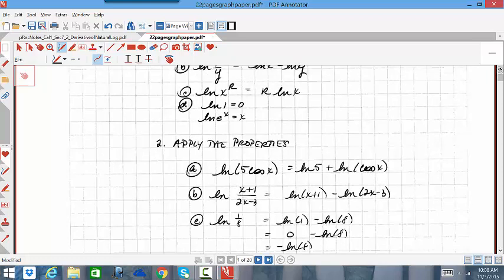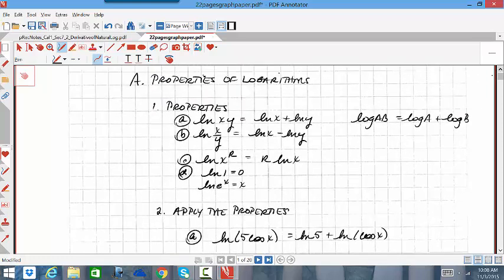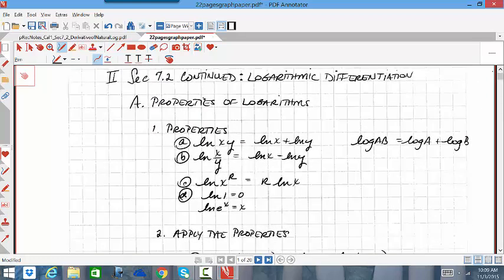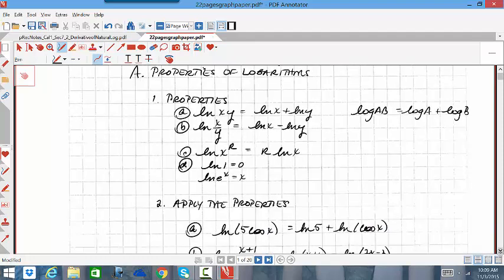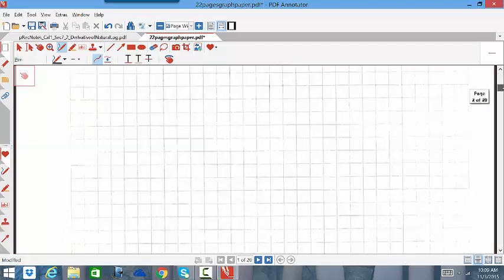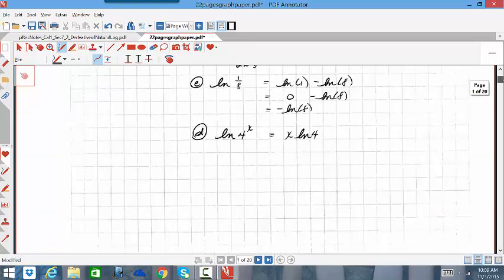Now let's take a look at the title of this section, which is logarithmic differentiation. Part A was just a review of using the logarithmic properties. Part B is going to some examples to understand what they want us to do when they want us to use logarithmic differentiation. Some of these examples can be kind of lengthy. The question will say, use logarithmic differentiation to find the derivative.